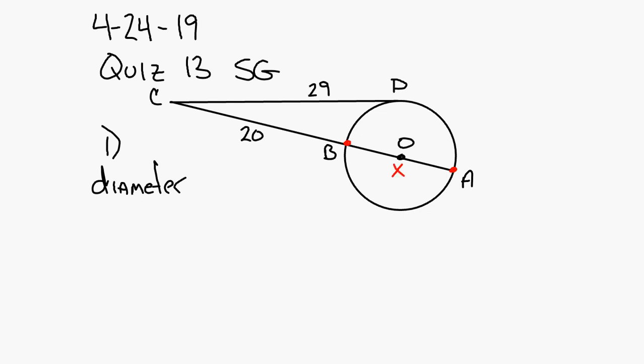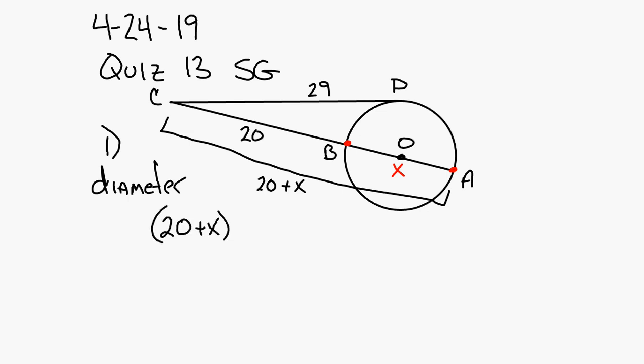Well, last week you learned that segment lengths in this situation, this overall piece, the whole piece, which is 20 plus x, the whole piece, 20 plus x, times this outside piece, which is 20, is equal to the tangent squared, so 29 squared.